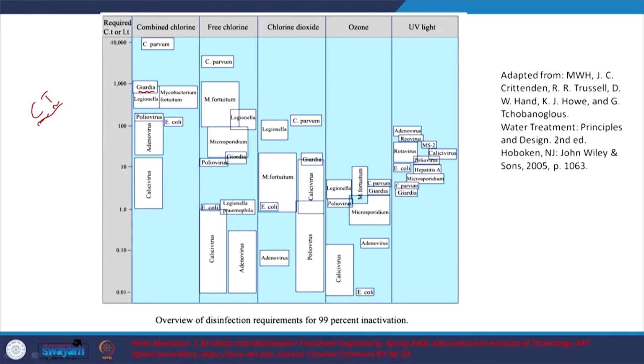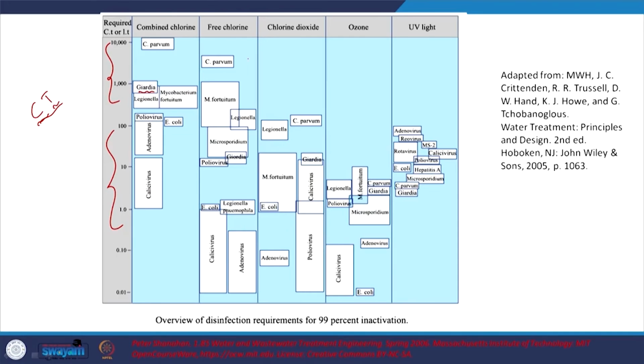So for that you need a lot of contact time, or high concentrations and high contact times, as you can see here. But within acceptable CT values, you see that a few viruses can be inactivated.